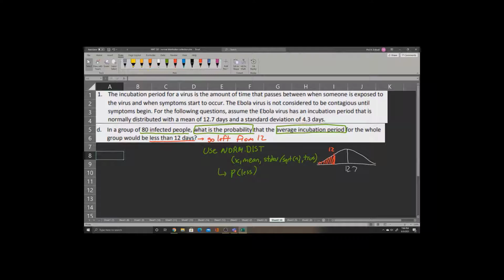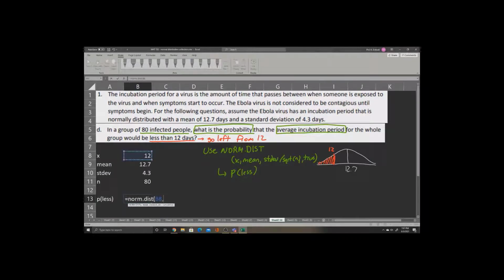So once again, we'll collect our pieces. We need x, mean, standard deviation, n. Our x this time was 12. Our mean was 12.7, standard deviation 4.3, and n was 80. Now, for p less, we'll say equals norm.dist.